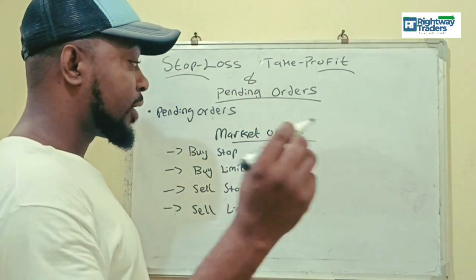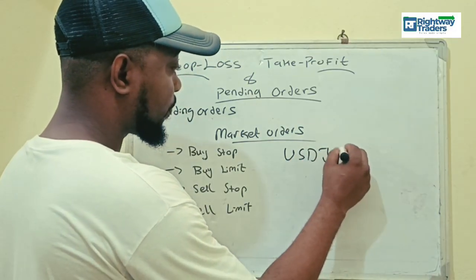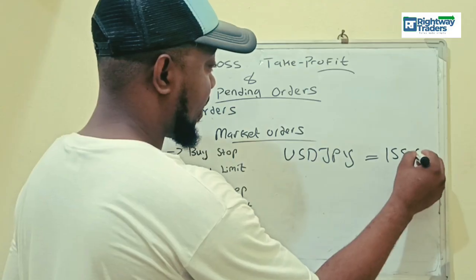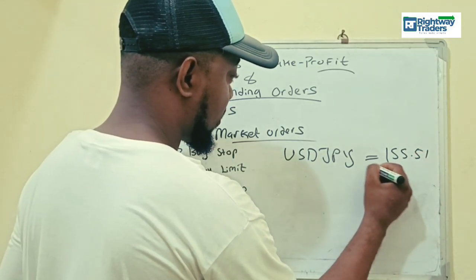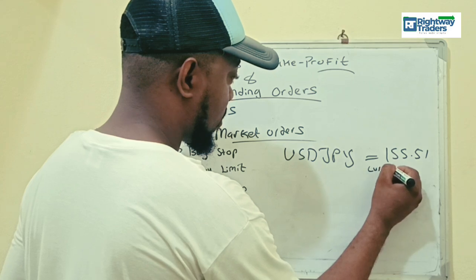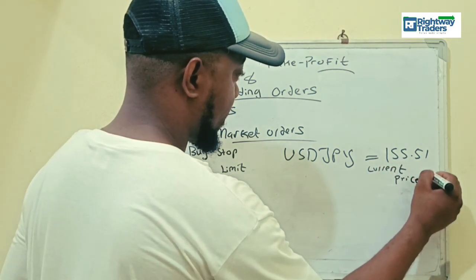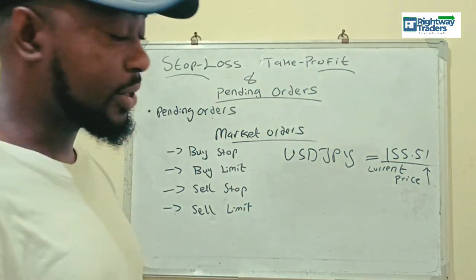Now, let's say the current price of the USD JPY pair is 155.51. Okay, this is the current price. I'm going to give the scenario here.